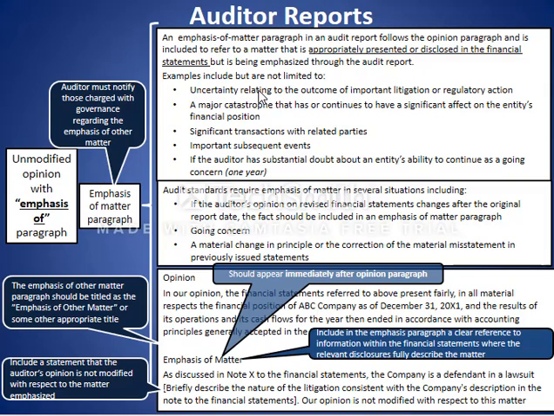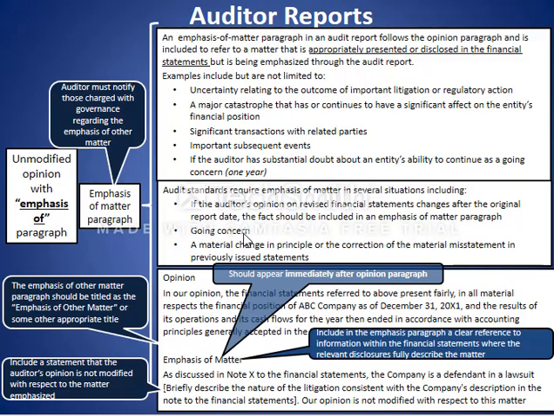Now, audit standards do require that the auditor insert an emphasis of matter paragraph under certain circumstances, and there are 3 circumstances cited in the standards. Number 1, if the auditor's opinion on revised financial statements changes after the original report date, that fact should be included in the emphasis of matter paragraph.